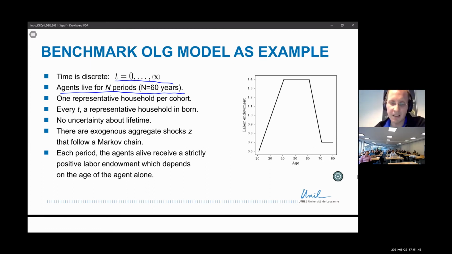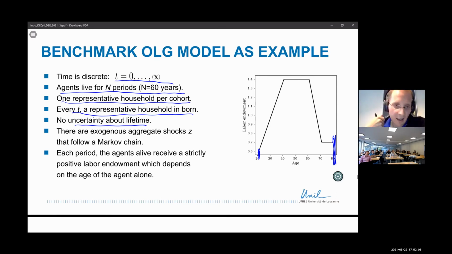It's an infinite horizon model, so time goes to infinity. We have one representative household per cohort. At every t, there's a representative household born. There's no uncertainty about lifetime. So people start to work at age 20, and they die at 80.